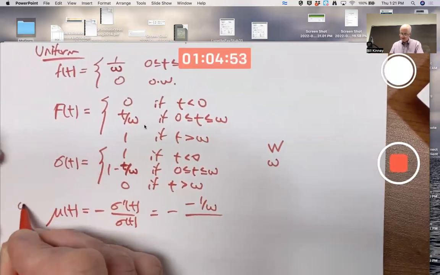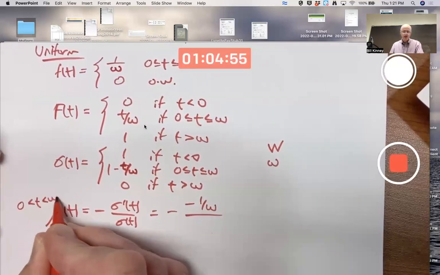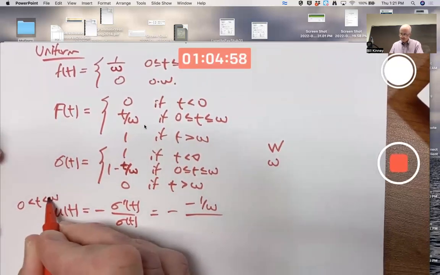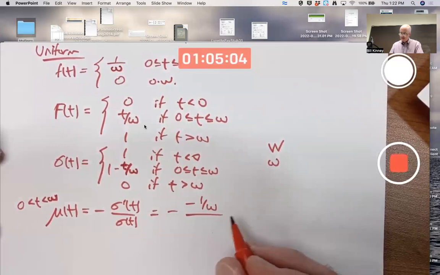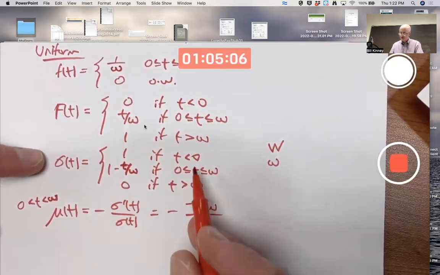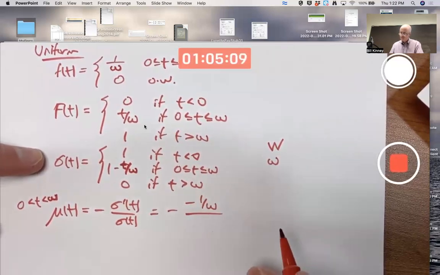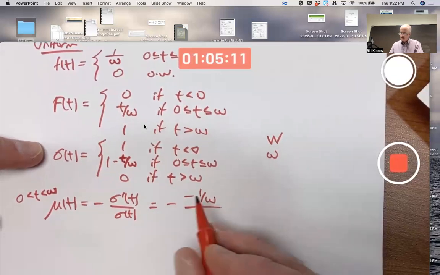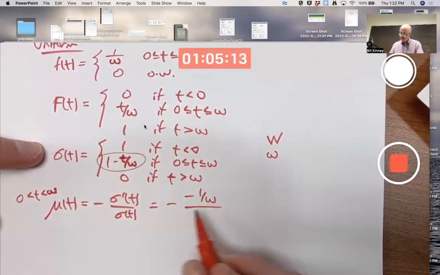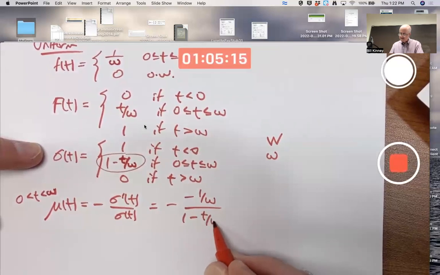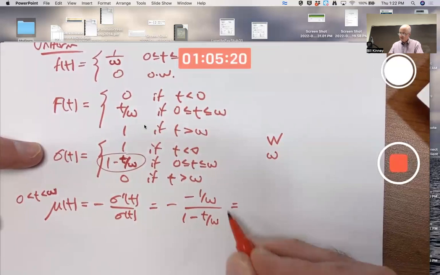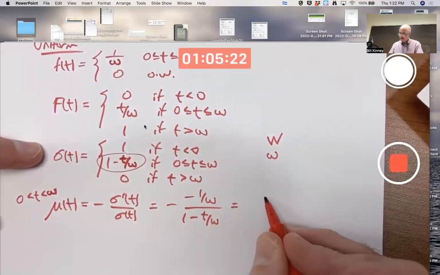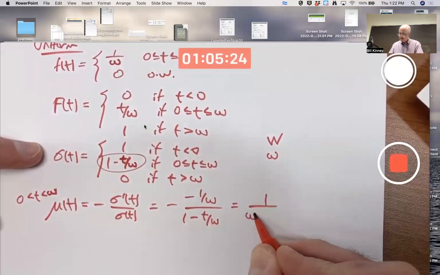Let's assume t is between 0 and omega here. Sigma is not differentiable at 0 or omega. Divided by sigma, divided by this thing, and you get this. The negative signs cancel. I can also multiply the top and the bottom by omega and get some cancellation, and I get this.